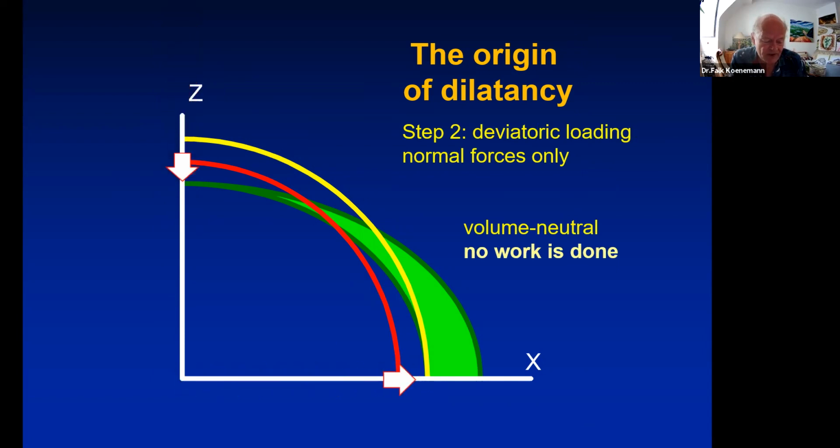Step 2 is the normal forces only part of the deviatoric field. It causes a further contraction in Z and an expansion in X. The surface is now the inner dark green line. The work done in step 2 by the contraction in Z and the expansion in X cancels. It is indeed 0.